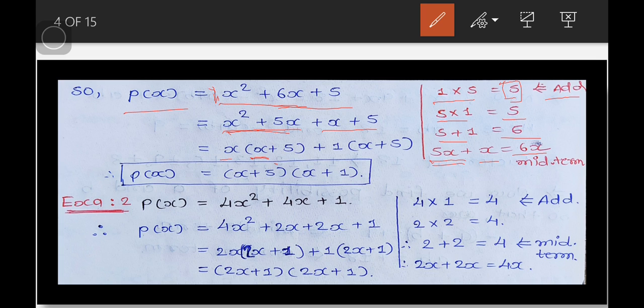When you extract x from 5x, the remaining part is 5. So the first group is x into x plus 5.